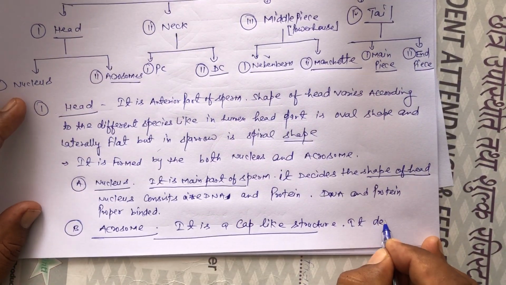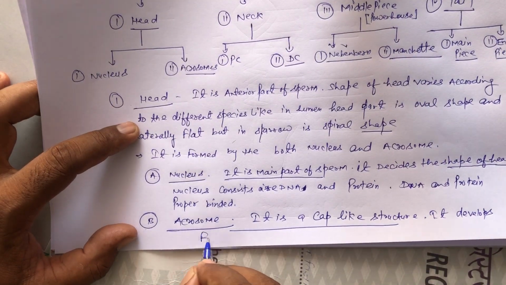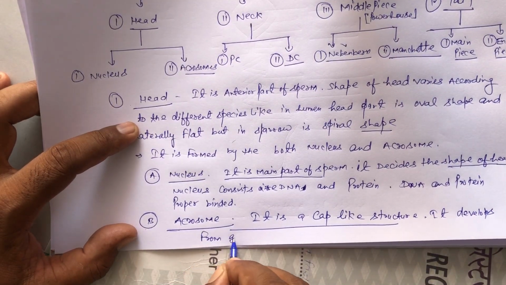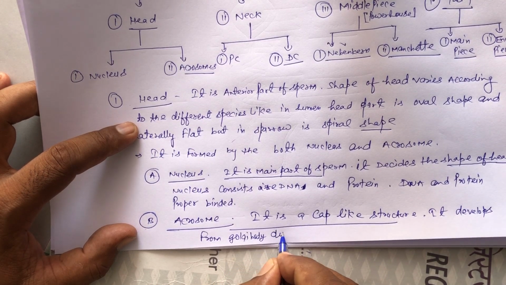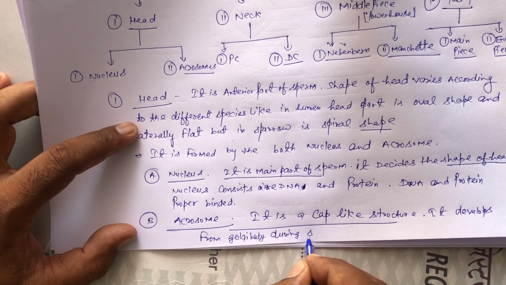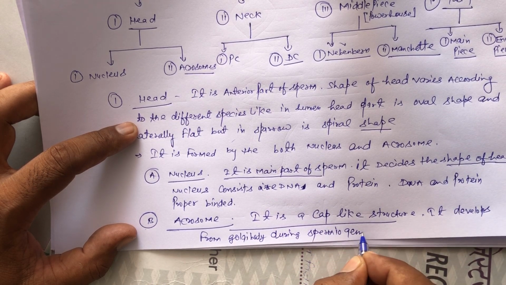It develops from the Golgi body during spermiogenesis.